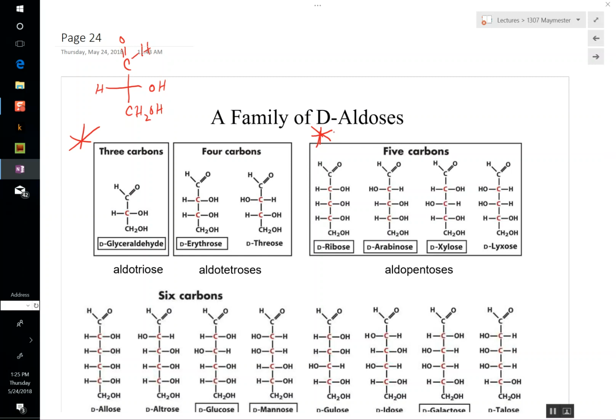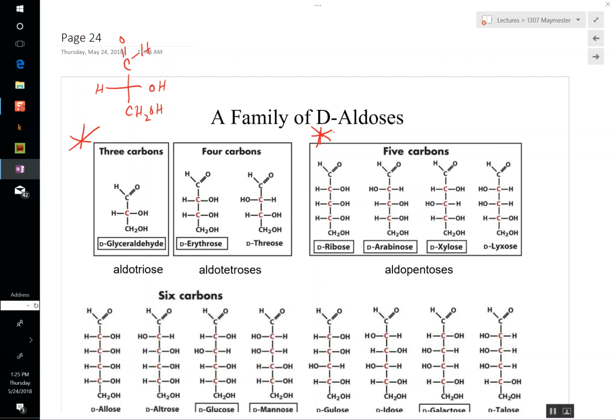What does RNA stand for? Ribonucleic acids. What does the ribo stand for? It's got ribose sugars as the backbone. All right? So that's a sugar you need to learn. Ribose.